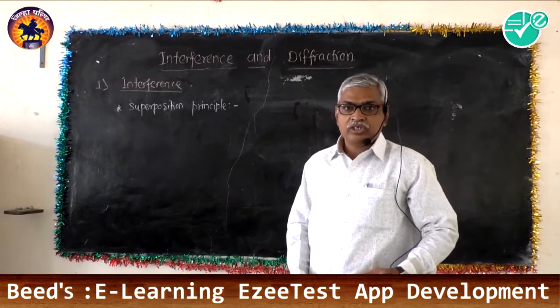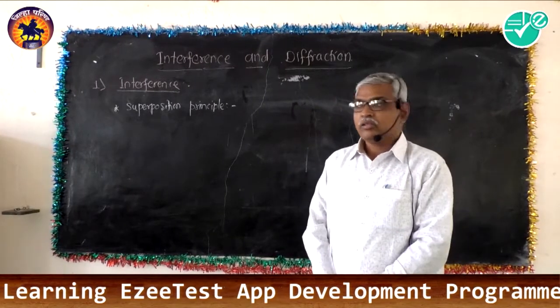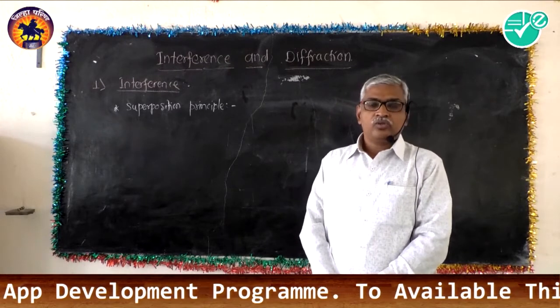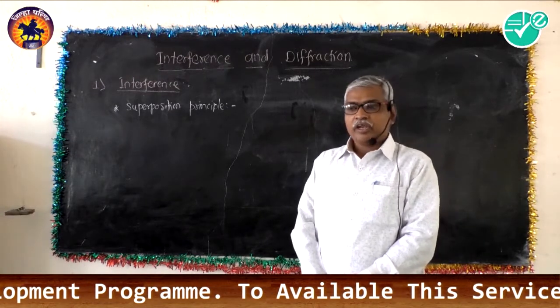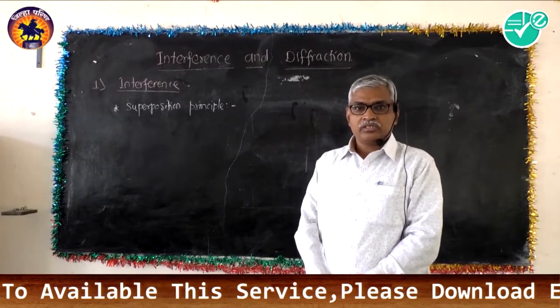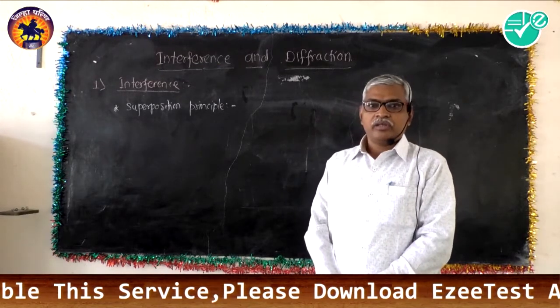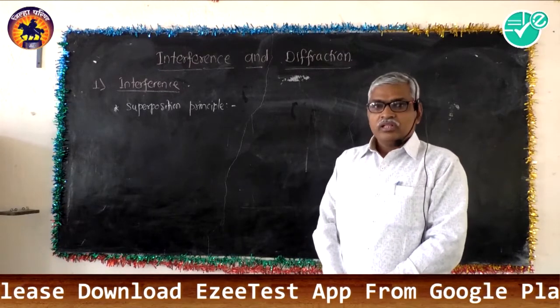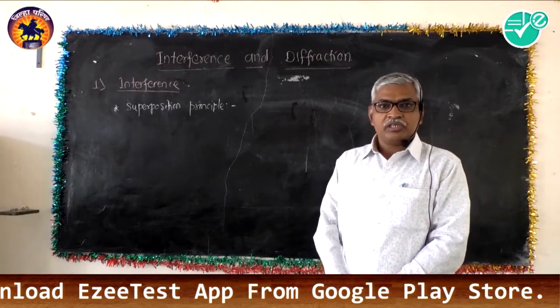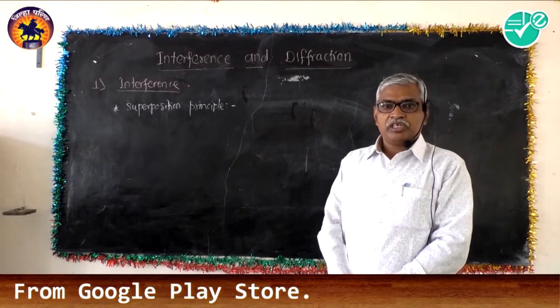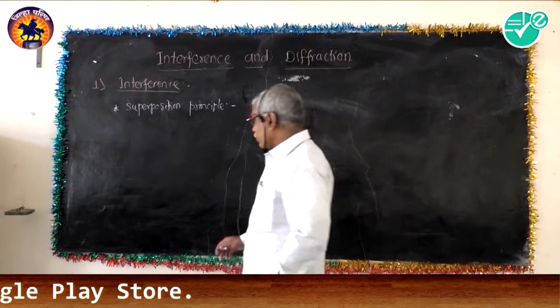This superposition principle states that when two or more waves traveling through a medium arrive at a point simultaneously, then each wave produces its own displacement at that point independent of the other. Hence, the resultant displacement at that point is the vector sum of displacements due to all waves.